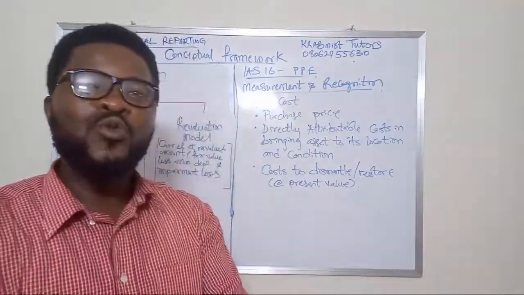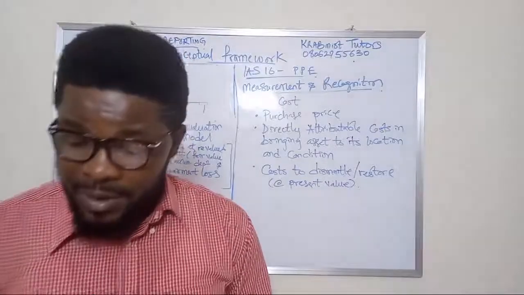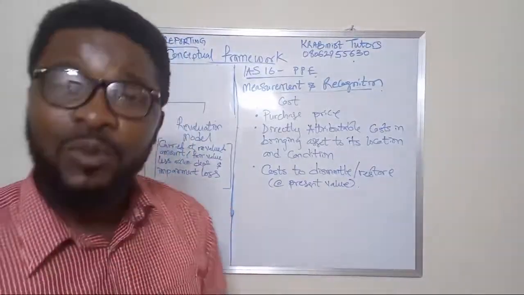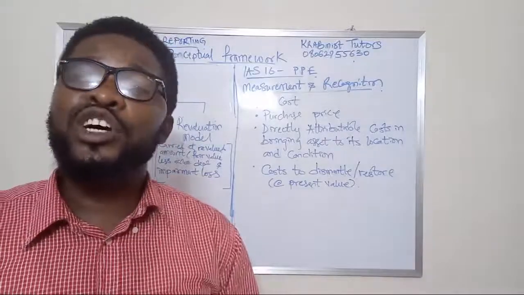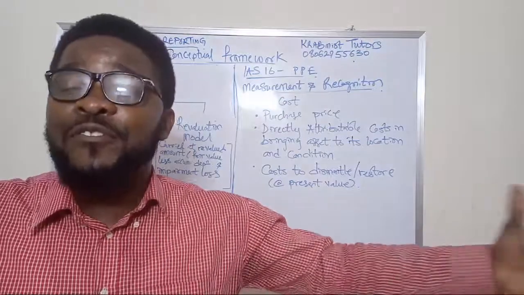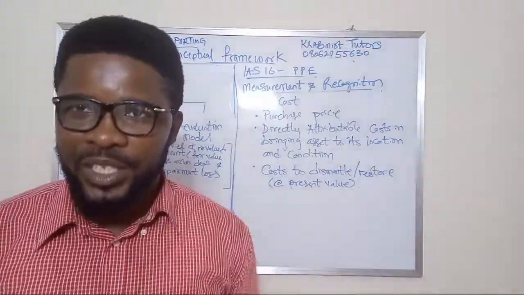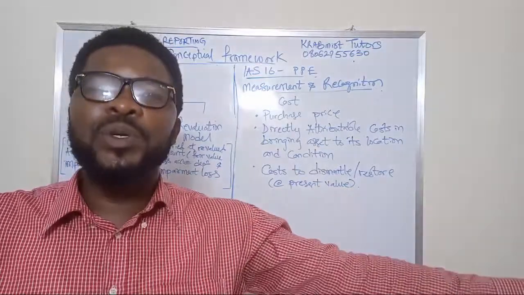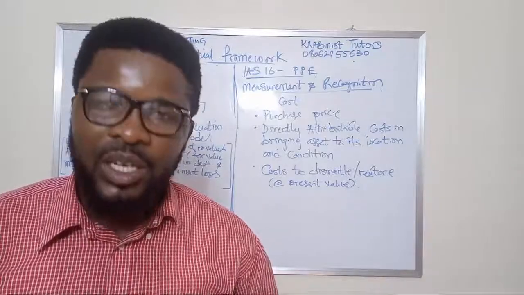The value which you see for PPE, remember when you see PPE in a company's account, it's not just the value of one computer. It's the value of different assets that qualify as PPE. Land and buildings qualify as PPE.